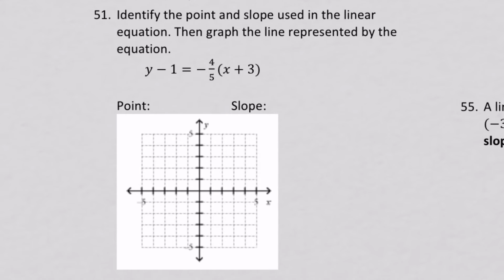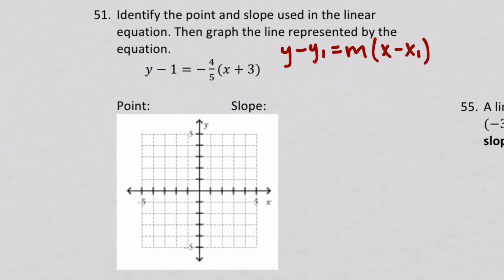Before I do that, I'm going to write the point slope form because some of you might not remember what it looks like. y minus y sub 1 is equal to m times the quantity x minus x sub 1. That's point slope form, where m represents the slope and x sub 1, y sub 1 represents a point that this line passes through.